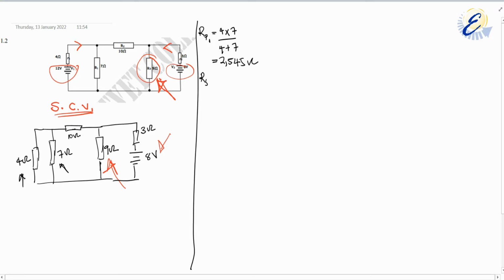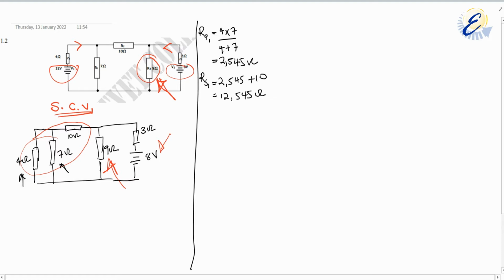And then there's RS1. RS1 will be a combination of our parallel and our 10 ohms. That will make it a series, so it's going to be 2.545 plus 10. This would give us 12.545 ohms.